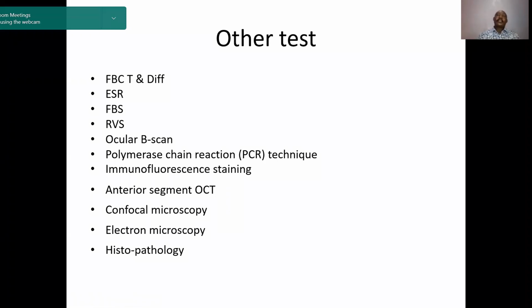viral keratitis, particularly those presenting in an atypical form, where the usual dendritic ulcers or geographic ulcers are not typically seen clinically, there are needs for further investigation. Polymerase chain reaction technique has been found to be very effective in diagnosing herpes simplex keratitis.